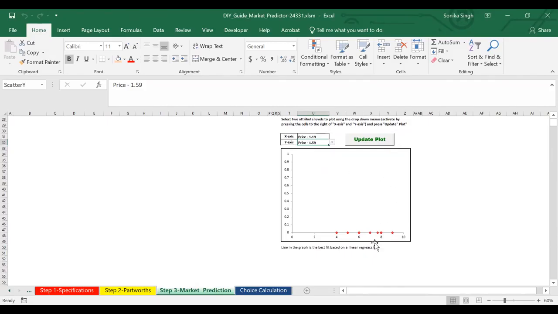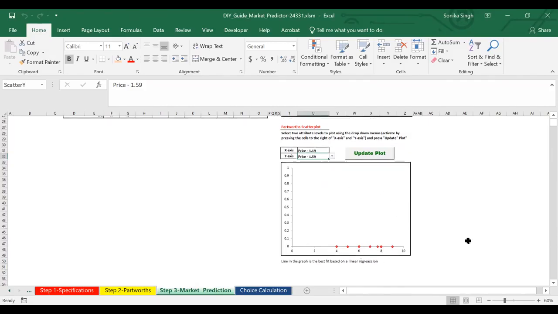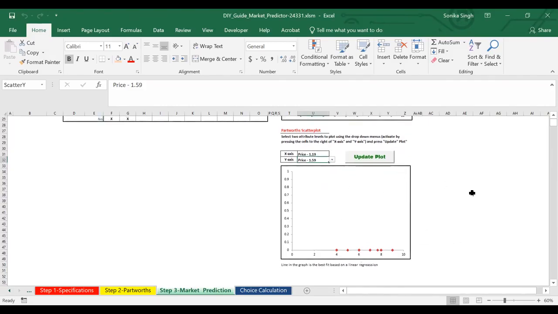Then it'll show you how they are plotting together. So you can see these kinds of patterns in the data, say, brand 1 and brand 2.